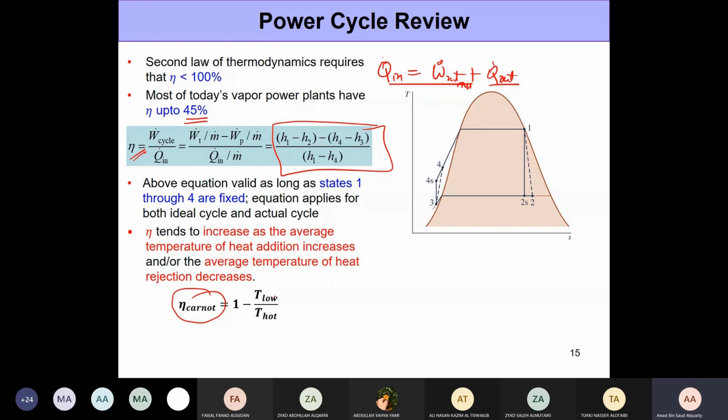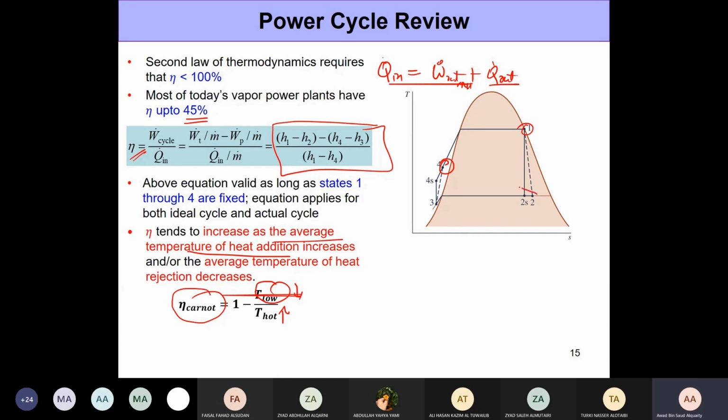Either you increase the average temperature at which heat addition occurs, so from T4 to T1, during this process, the heat addition is occurring. You play around with properties in such a way that you increase T hot, or you decrease T low. Figure out ways in which you can reduce the temperature at which heat rejection is occurring, right?